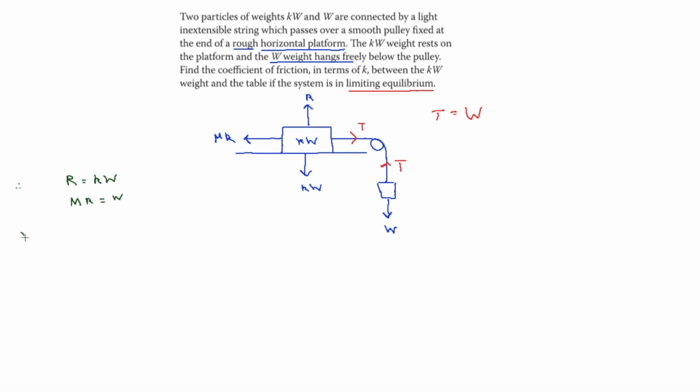Therefore, we can get that W is equal to R divided by K, and this is using this here by dividing it all by K. So W is equal to R divided by K. So therefore, using that, we can get that W is equal to the coefficient of friction times R. So that means that the coefficient of friction times R is going to be equal to R divided by K. This means that the coefficient of friction is going to be equal to R over K divided by R, that's going to cancel, that's going to cancel.